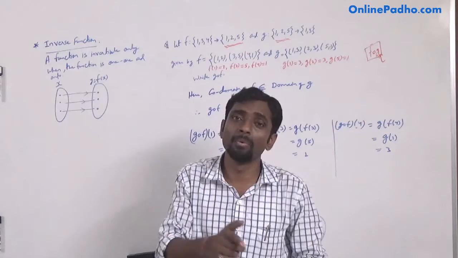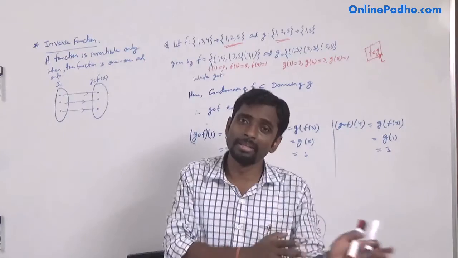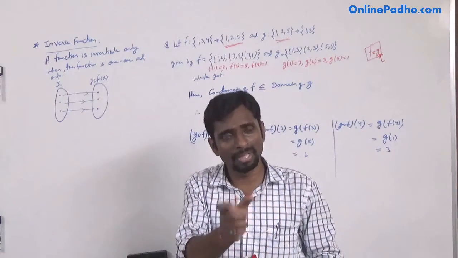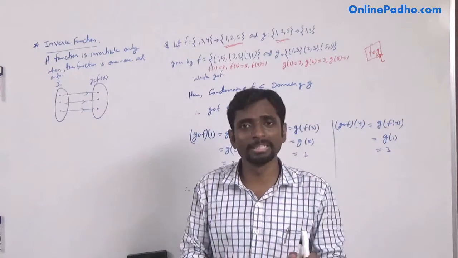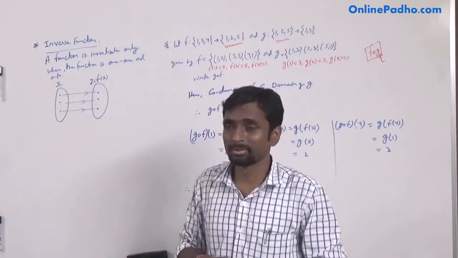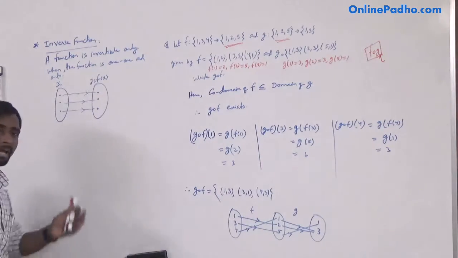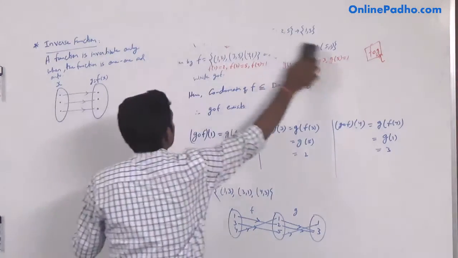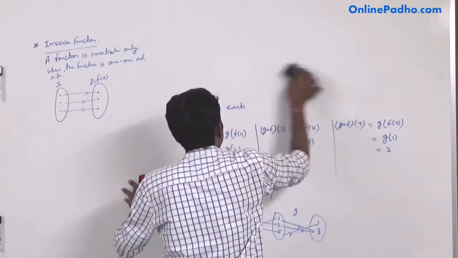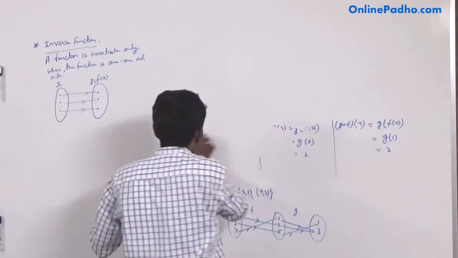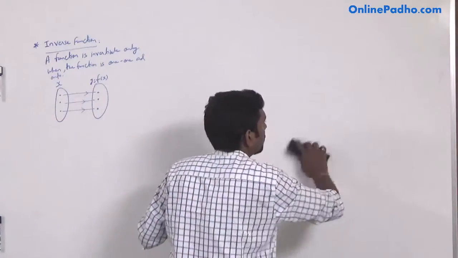This is the second condition. The first condition is very important: if you have to find the inverse of a function, you must check the bijection of that function.